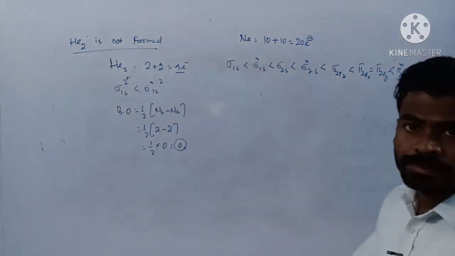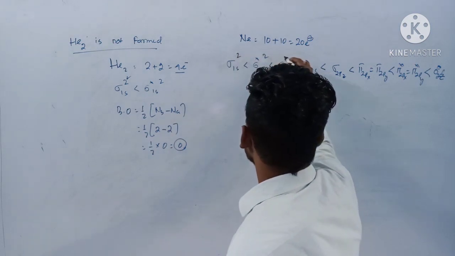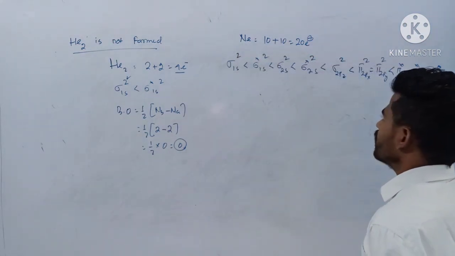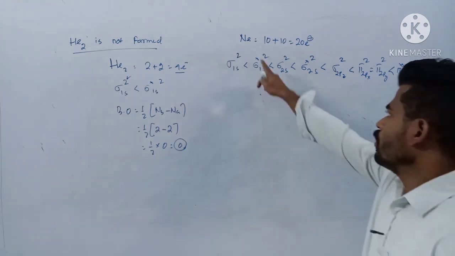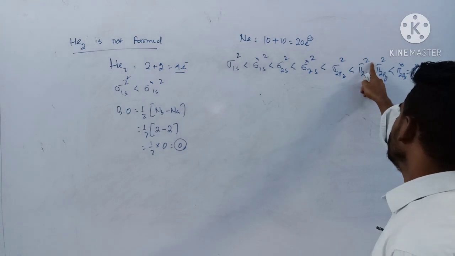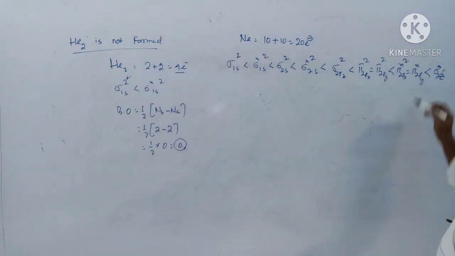So this is the order. How can you arrange these 20 electrons? 2, 2, 2, 2, 2, 2, 2. Let us calculate how many electrons: 4, 8, 12, 14, 15, 16, 17, 18, 19, 20.